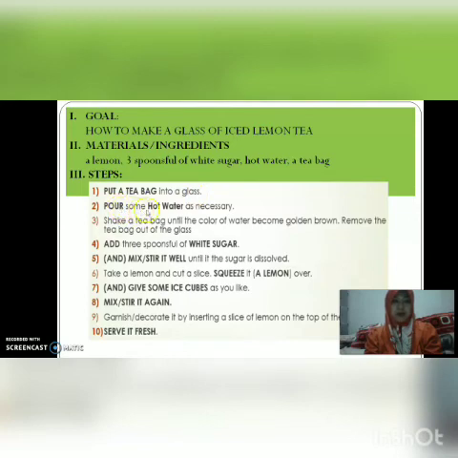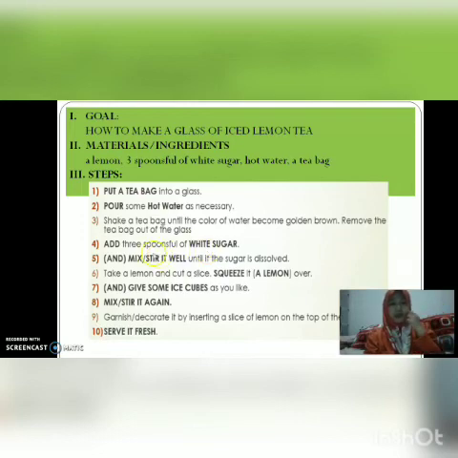Pour some hot water as necessary. Shake the tea bag until the color of the water becomes golden brown. Remove the tea bag out of the glass. Add 3 spoonfuls of white sugar.